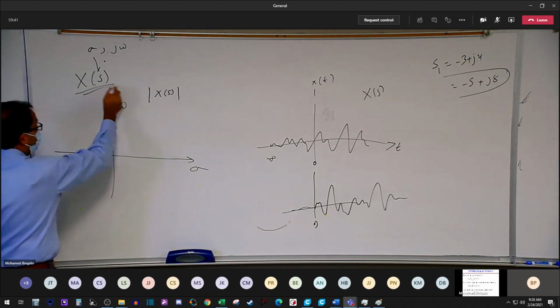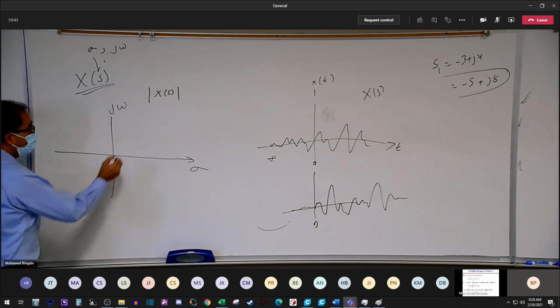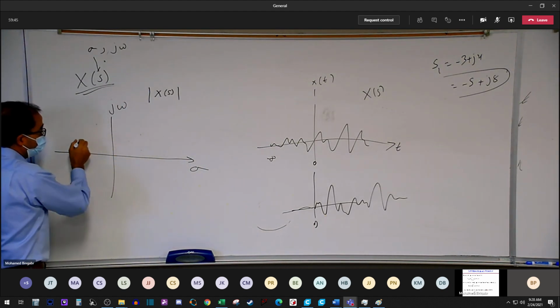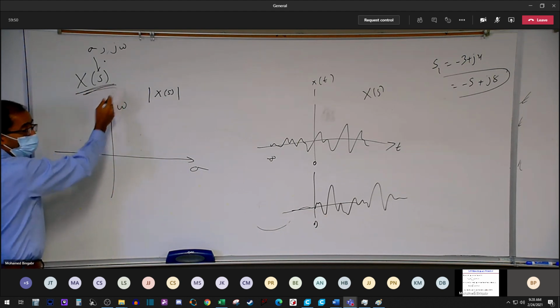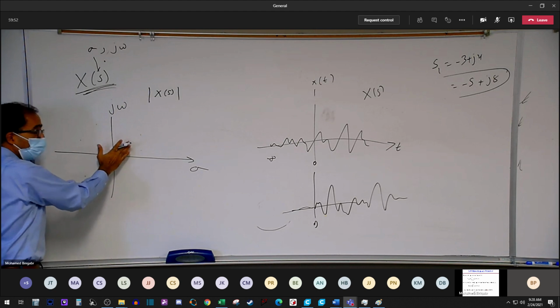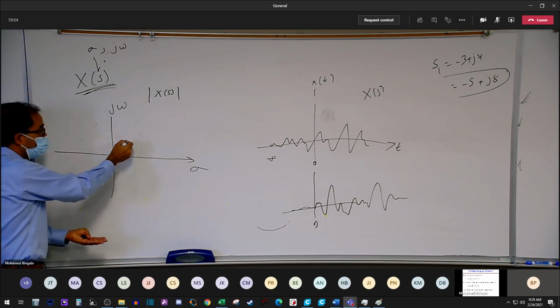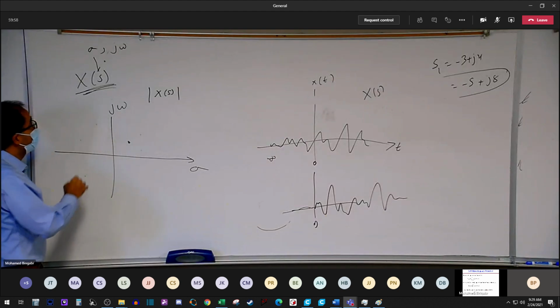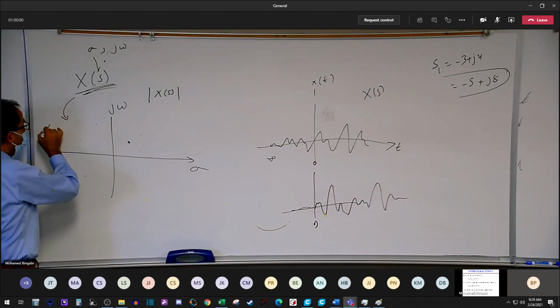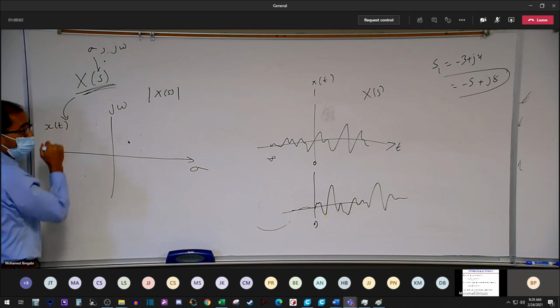So that is x of s. It has different values here and here and so forth. So I processed x of s. I maybe filtered out certain frequencies and amplified certain components. How do I get the inverse now, x of t, from here?